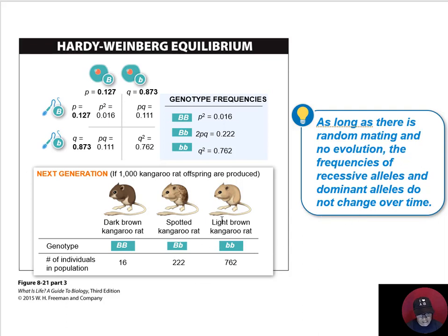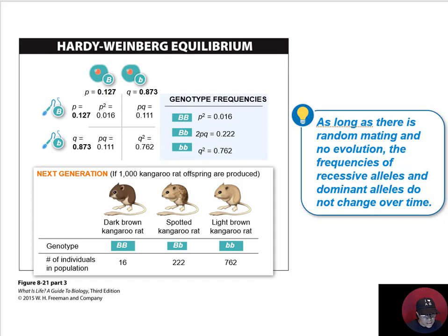That is validated by this mathematical expression called the Hardy-Weinberg equilibrium. It just shows that as long as there is random mating and there is no evolution, which means they're in a lab, basically, then the frequencies of recessive alleles and dominant alleles aren't going to change over time.